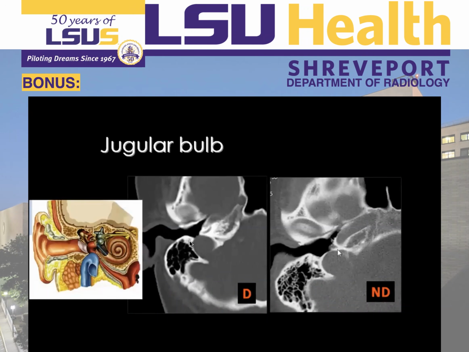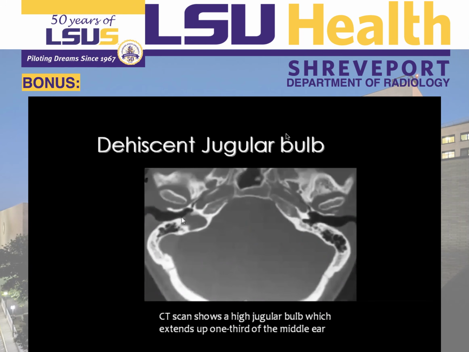When you don't have a bony wall separating, you are in a situation called dehiscent jugular bulb, and you always have to report that because it's dangerous. If somebody does an otoscopy here, sees this abnormality and decides to biopsy this structure, can you imagine how big would be this thing? So if you see this dehiscent jugular bulb, report that.